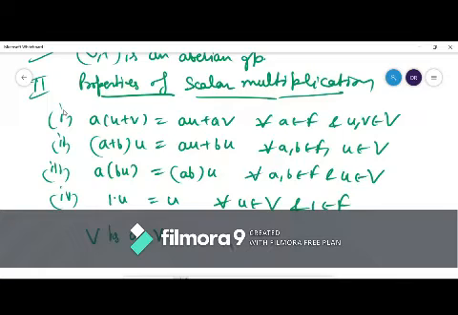We can write it as V is a vector space over the field of scalar F.